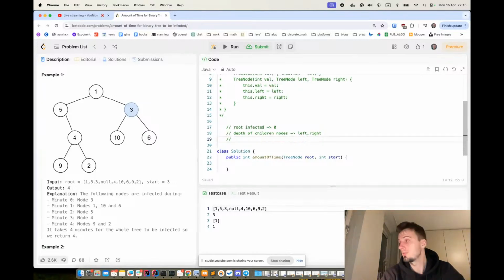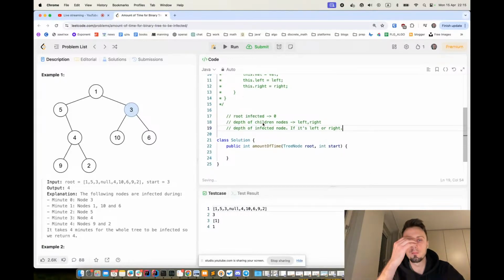And also the depth of the infected node, and if it's left or right. So by left or right, we can just iterate and return boolean actually.